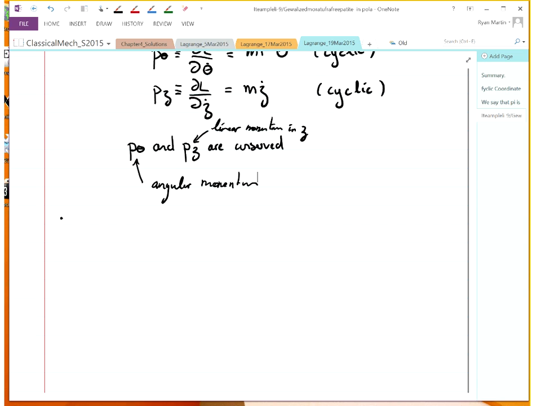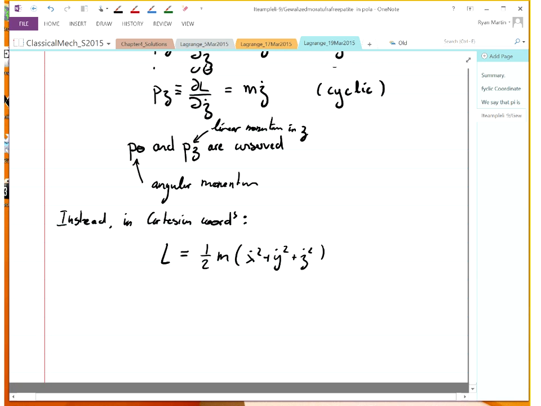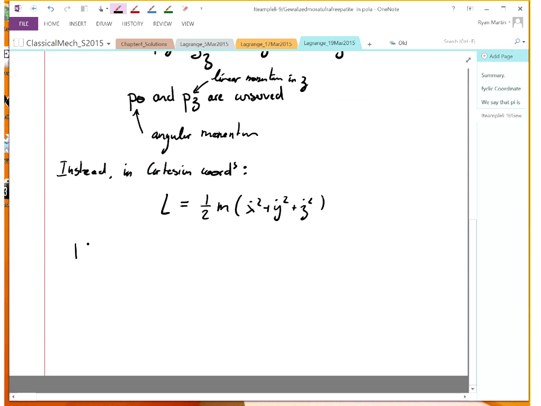Okay, so what if we had done it instead in Cartesian coordinates? So in Cartesian coordinates, the Lagrangian for a free particle is a half m, and then we have x dot squared, y dot squared, plus z dot squared. So here we have 3 coordinates, so 3 generalized momenta.